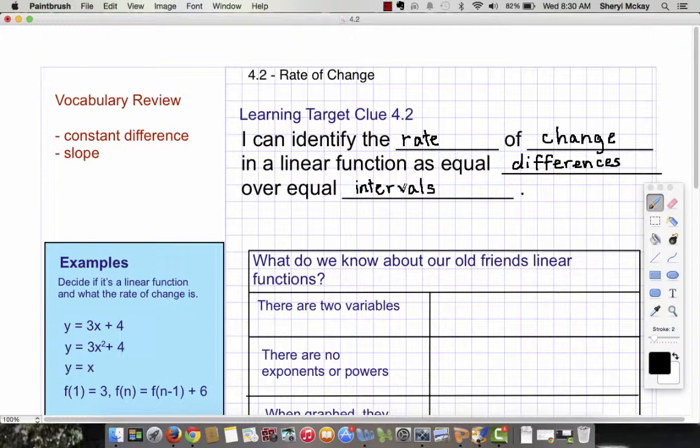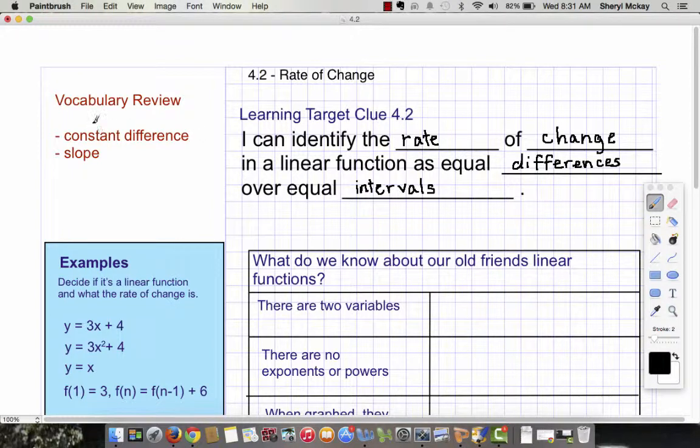Then we want to review two terms. Constant difference, sometimes also called common difference, is a term we used when we talked about arithmetic sequences.